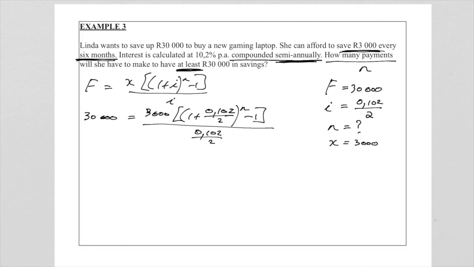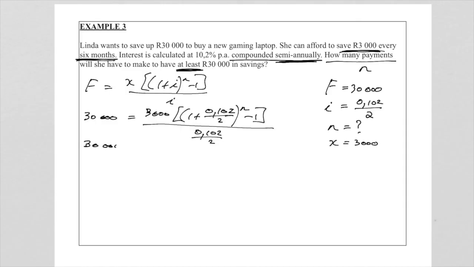Now it is quite important to notice what we will do next. We want to get to this bracket to the N, because we want to solve N similar way we did in the first lesson. So we're going to divide both sides with the 3,000. And then that minus 1, we will take it across, and that will leave us with the bracket on its own. So if I can just write it down for you.